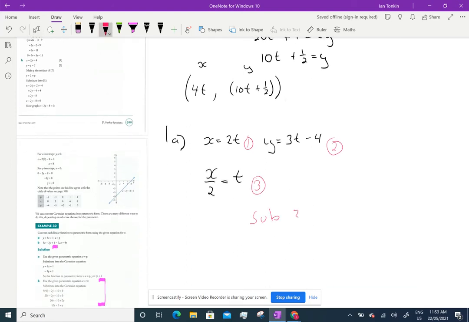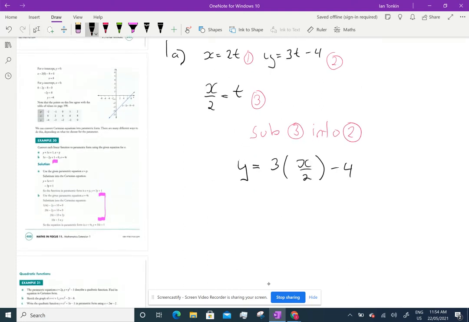And all of a sudden, here I go, y equals 3x over 2 minus 4.